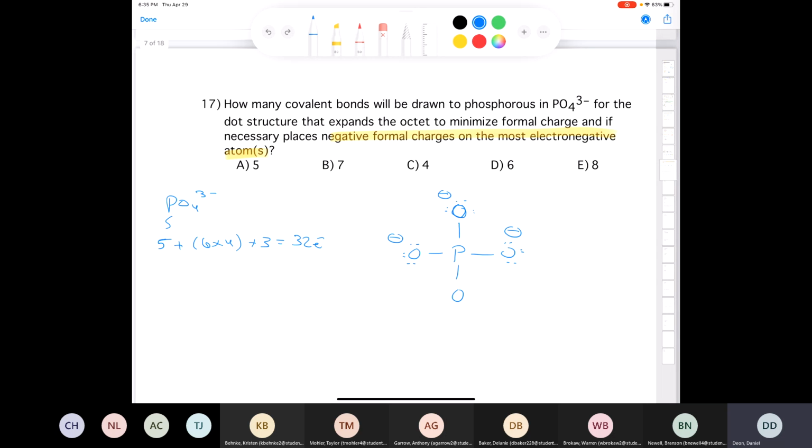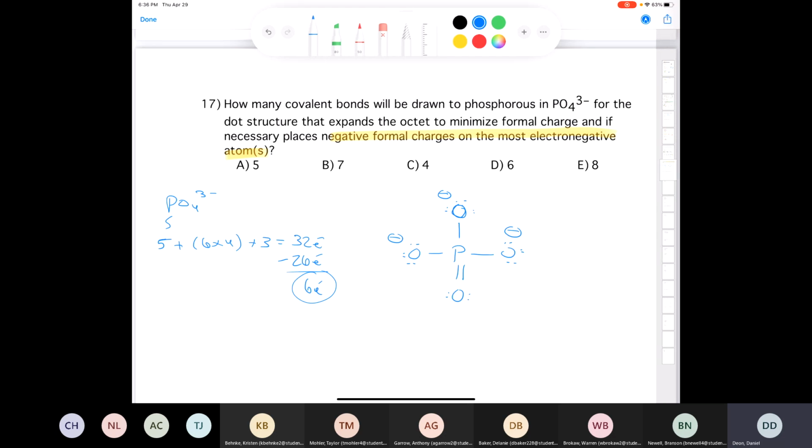How many electrons have we used so far? 1, 2, 3, ... 26. If we've used 26, that means you've got 6 electrons left over. Where are they going to go? 1, 2, 3, 4, 5, 6, like that for the phosphate.